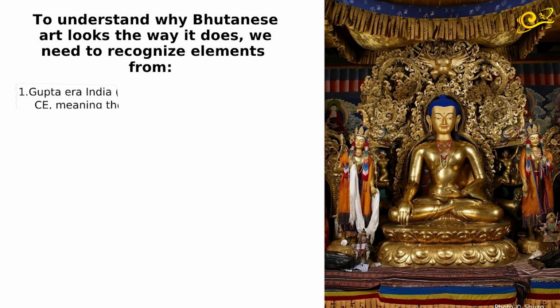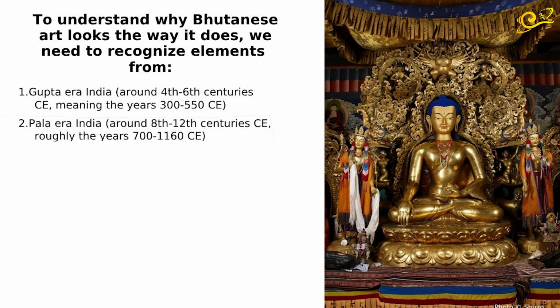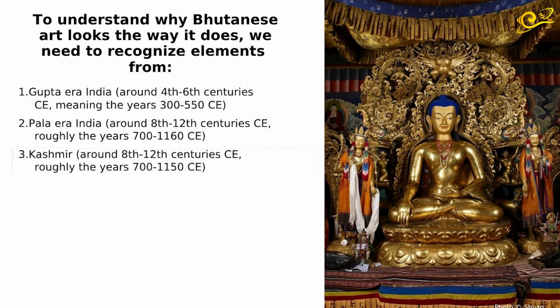For example, the earliest is the Gupta era of India, which is 4th to 6th centuries CE, approximately the years 300 to 550. We also need to understand the Pala era of India, which is the 8th to 12th century CE, or the years 700 to 1150. Third, the art of Kashmir from about the same time as Pala India.